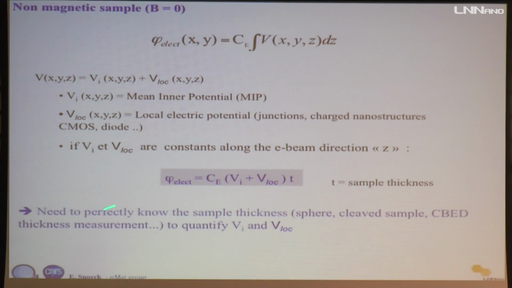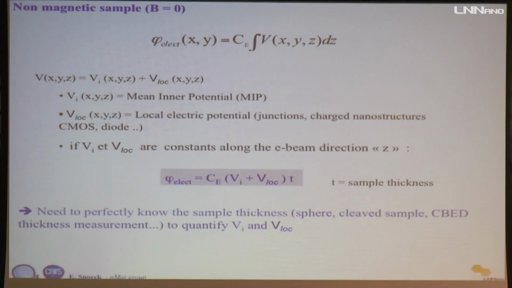And as I said again, if these two potentials, the mean inner potential and the local potential, are constant along the beam direction, then the phase is just these two potentials times the sample thickness. And if you want to give a quantitative measurement of the potential, you need to know the thickness perfectly.